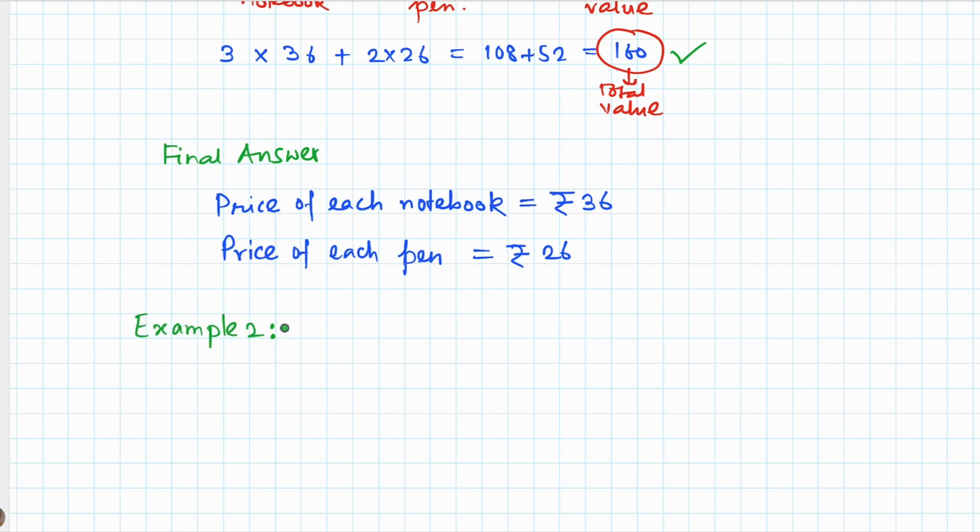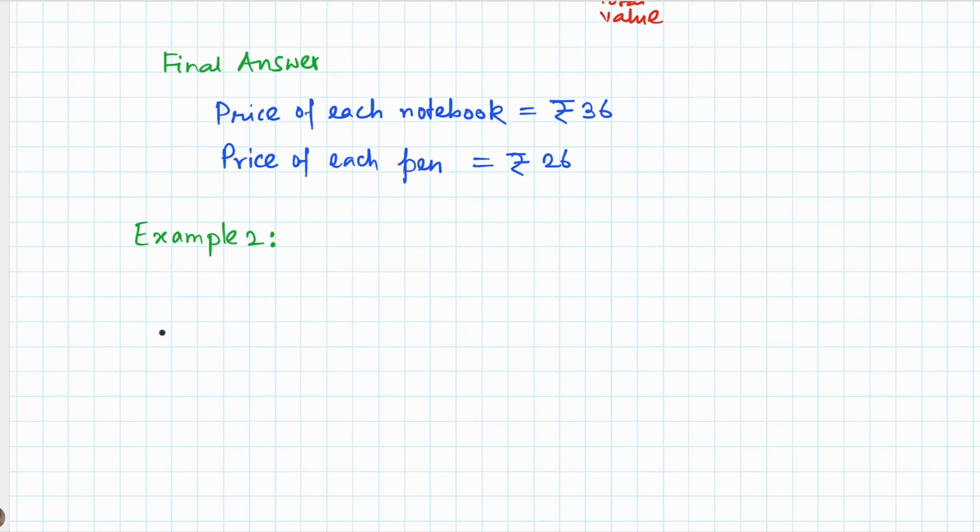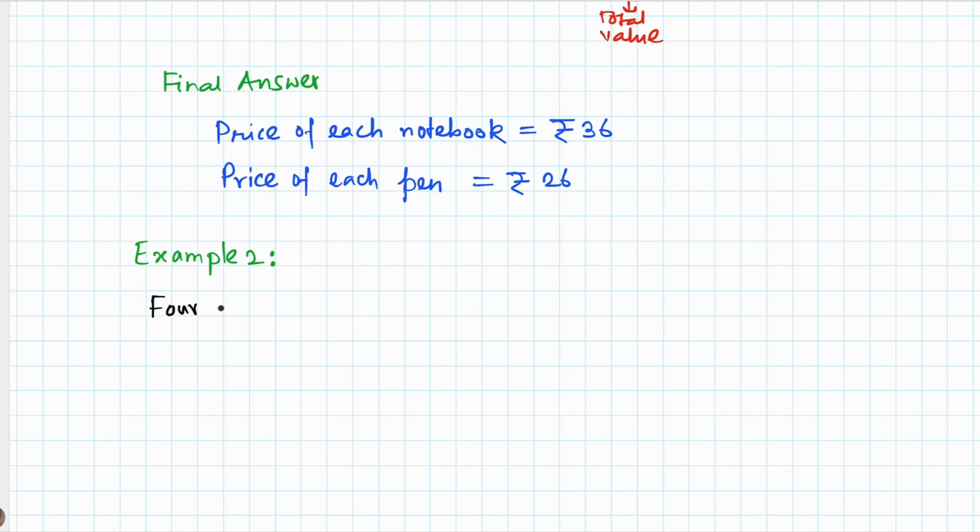Now let us take example 2 and see how we can solve in a similar way, just to build the confidence. So 4 chocolates and 3 biscuits. Here we are taking two different commodities, chocolate and biscuits.